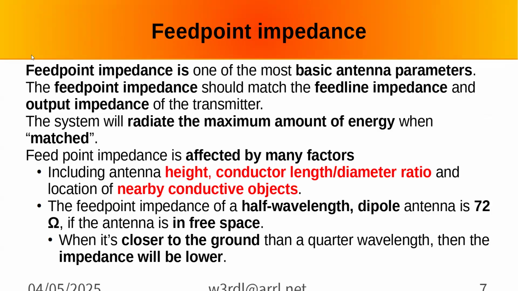As you lower them, it can increase the impedance of the antenna, or decrease it, depending on... You're talking about the feed point impedance, right? Mm-hmm. Okay. And that's where your feed line connects to it. So you want that to match your feed line.